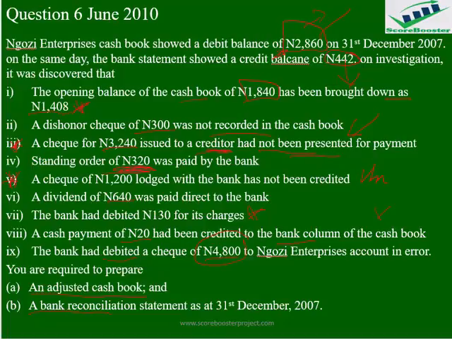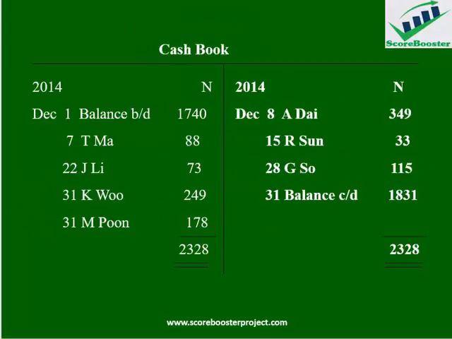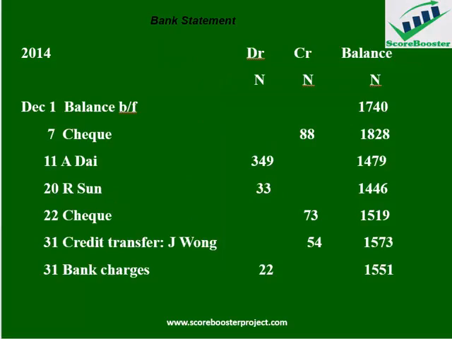So finally, I will encourage you to go through the last question, which is similar to the first example we have. Go through the question here. This is a cash book given to us, and this is also the bank statement we have. Then I also provide you with the suggested solution, which I believe you can go through.